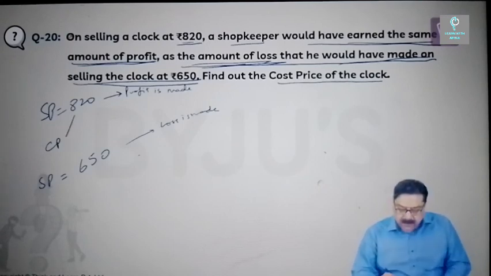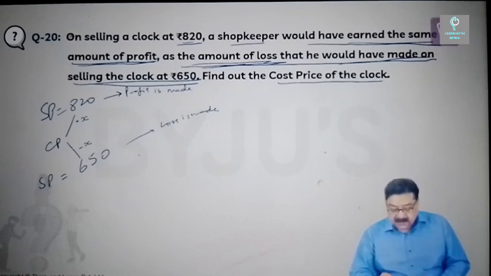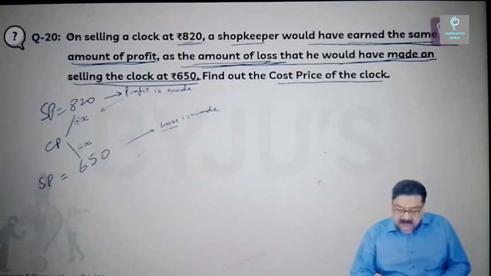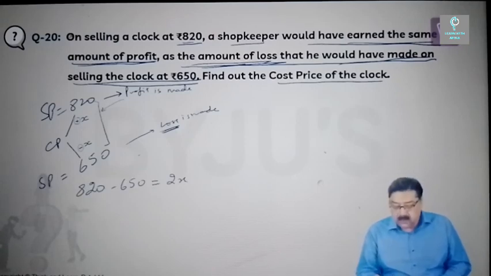Now here, the profit made is rupees x. Here, the loss made is rupees x. But this is positive because it is profit. This is negative because it is loss. So that means the difference between 820 and 650 has to be equal to 2x.